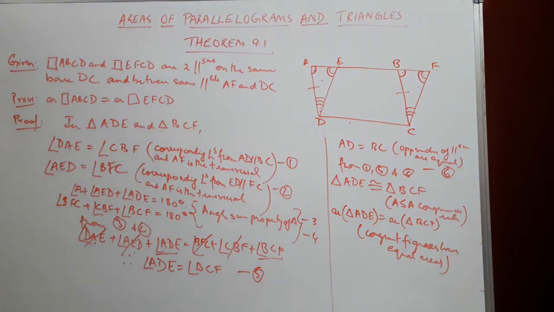Okay. Now that we have proven that area of triangle ADE is equal to area of triangle BCF, we can now proceed further to finally prove that the areas of the two parallelograms in question are equal to each other.